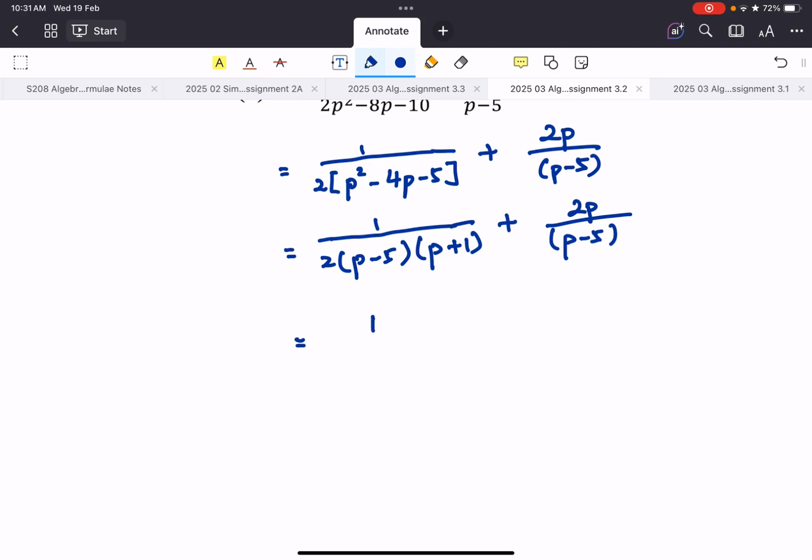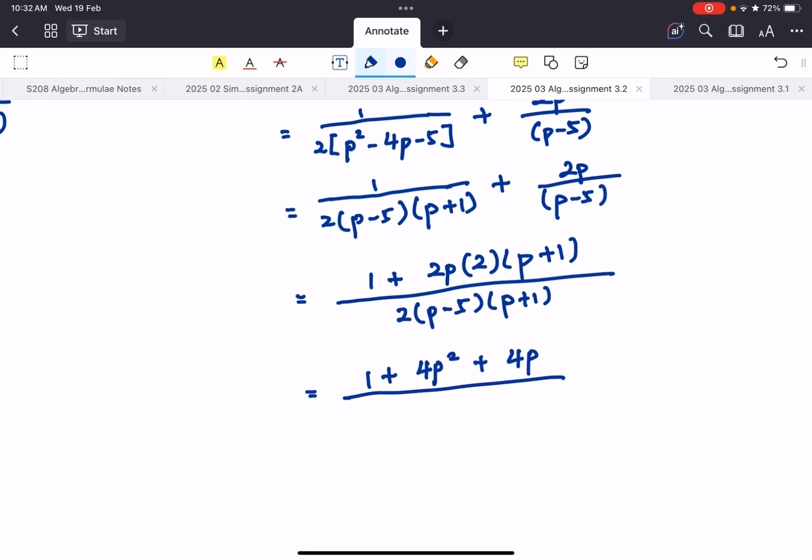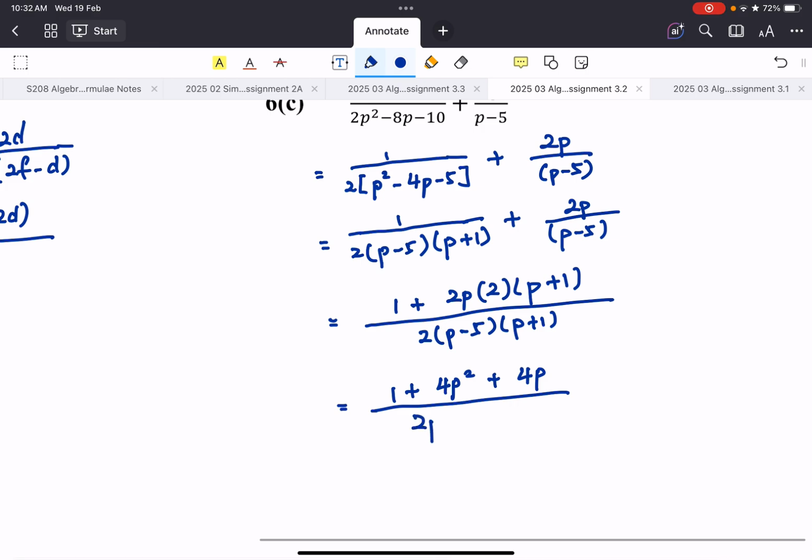So I end up with 1 plus 2p multiplied by 2, multiplied by p plus 1. The denominator will be 2(p minus 5)(p plus 1). Simplify: 1 plus 4p squared plus 4p. The denominator, the original form is fine, so 2p squared minus 8p minus 10.